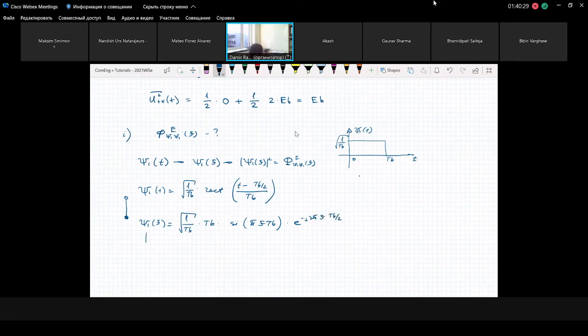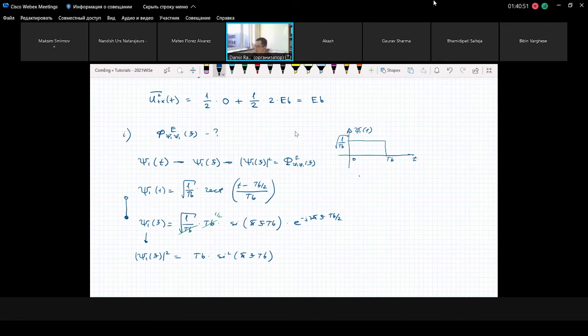Then we calculate psi1 of f absolute value squared, and of course we cancel TB. After we calculate the square value, we get TB times sinc squared of pi f TB.